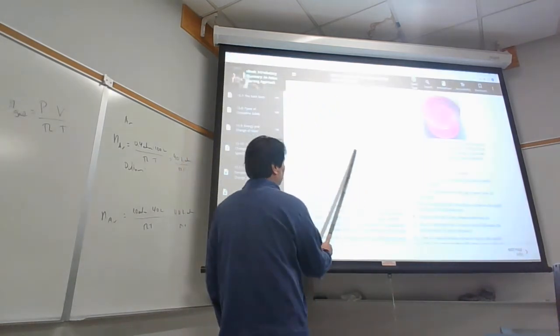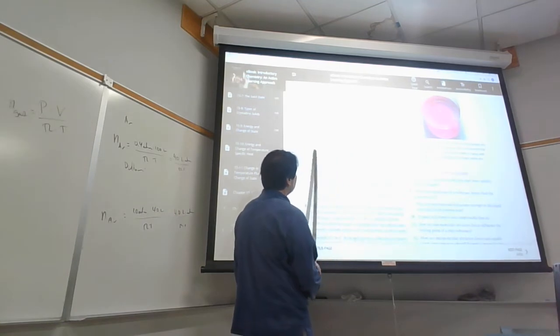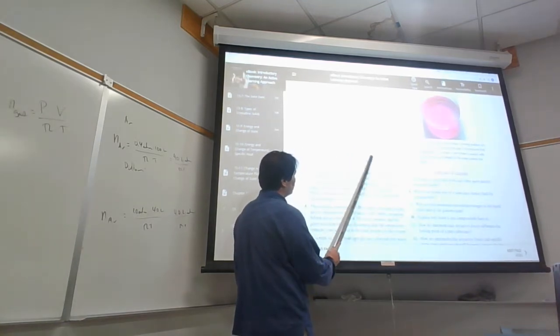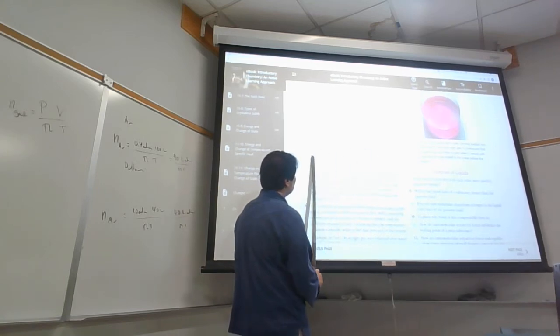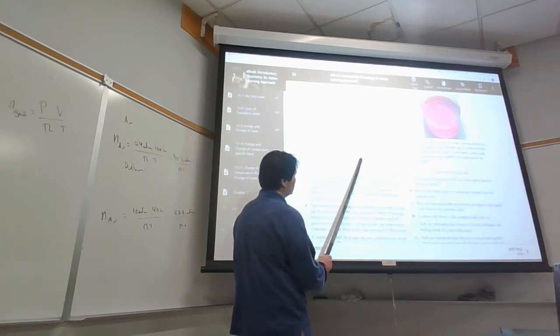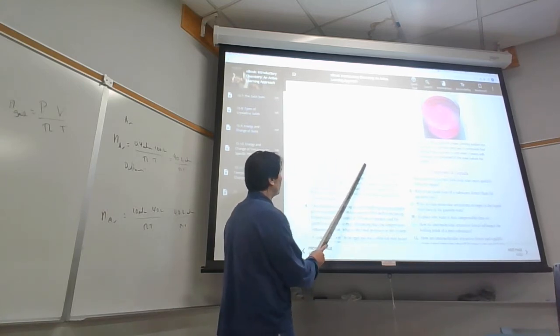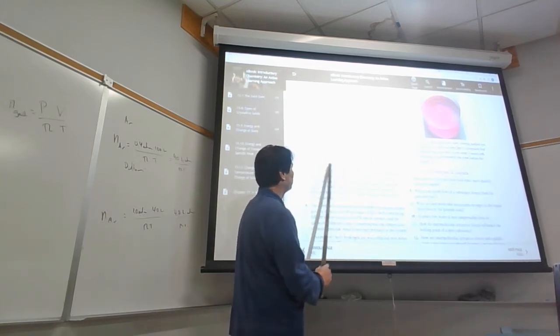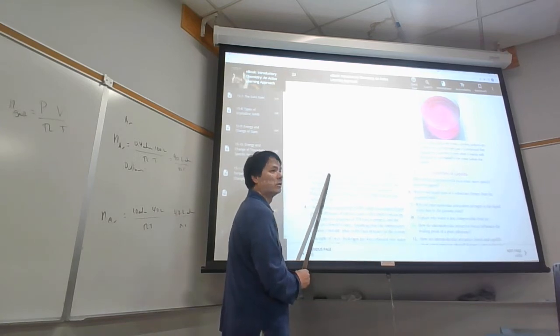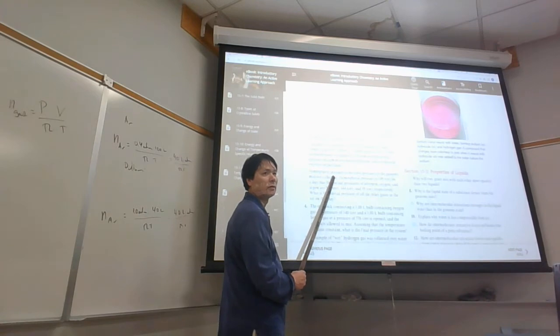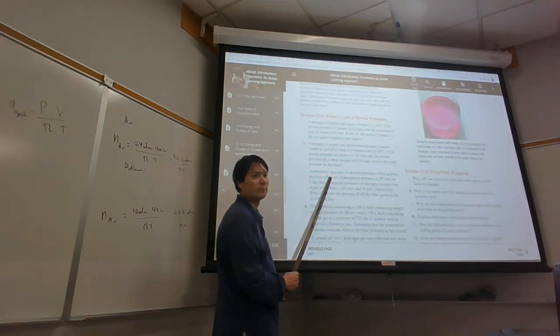A mixture of argon and carbon dioxide gases is maintained in an 8.05 liter flask. So this is V total, at a temperature of 43 degrees C. If the partial pressure of argon is 0.326 atmosphere and the partial pressure of carbon dioxide is 0.234 atmosphere, what is the total pressure in the flask? So you're using Dalton's then?